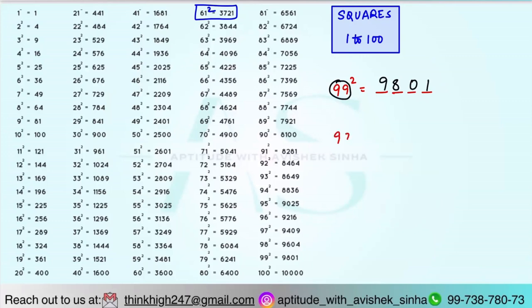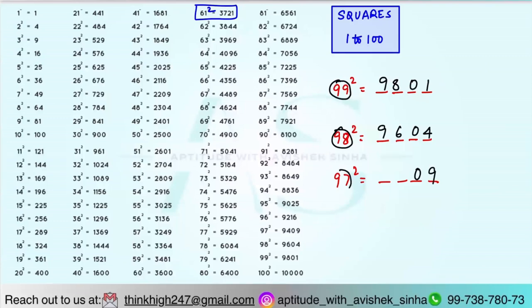We'll do one more. Let's say 98 square. It is 2 less. So 0, 4. And 98 minus 2 is 96. Then we have 97 square. 3 less. So it is 0, 9.